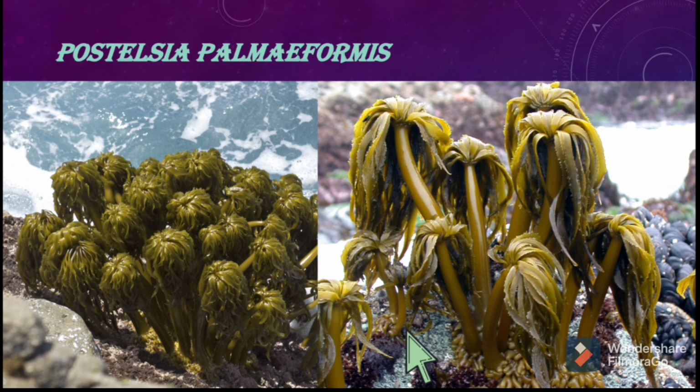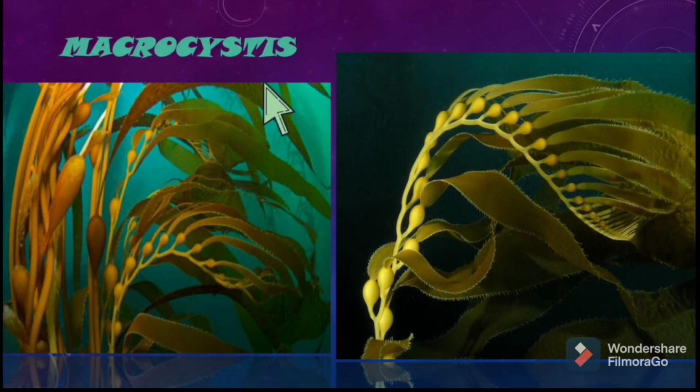And the next type we have is Macrocystis. The plant body of Macrocystis is usually 30 to 50 centimeters long, and it has a dichotomously branched holdfast. It also has a stipe and large leaf blades.